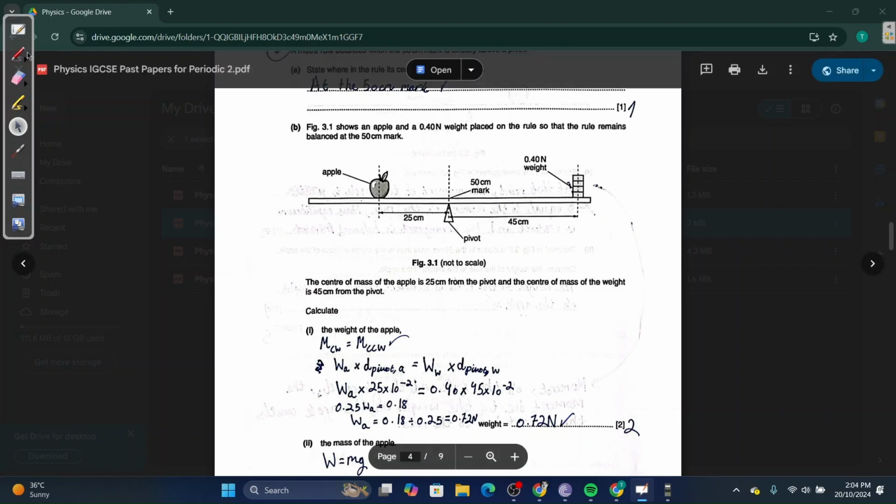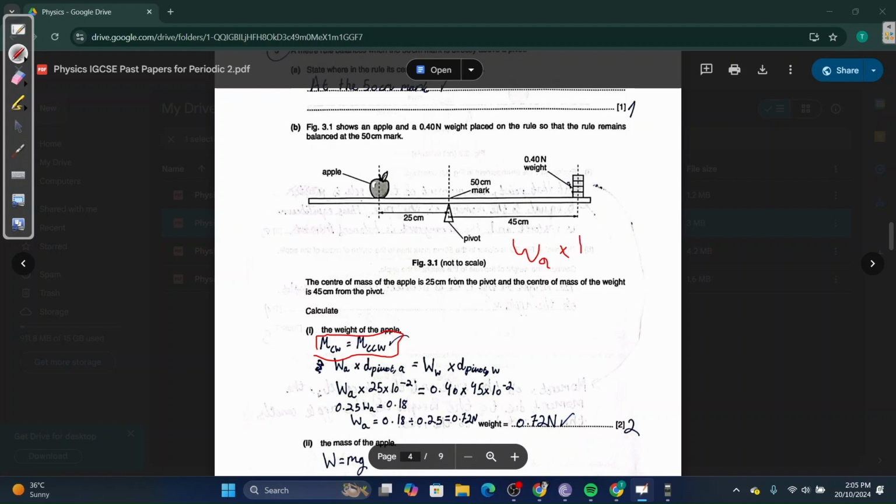Okay. As always, write the clockwise moments equal to the counterclockwise moments. And then you're going to want to write the weight of the apple, so WA, times the perpendicular distance between the pivot and the apple.